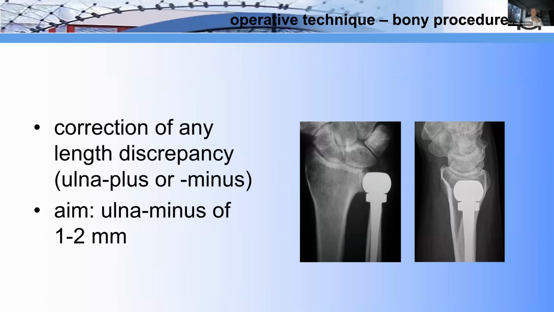The operative procedure aims for an ulnar minus situation of about 1 to 2 millimeters to avoid ulnar impaction on the ulnar side of the wrist after we have restored the distal radioulnar joint.